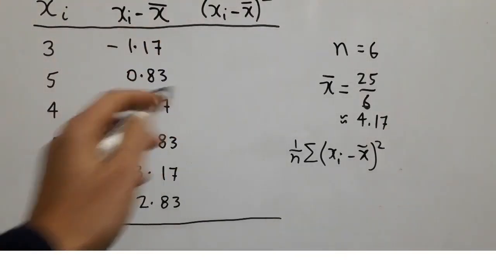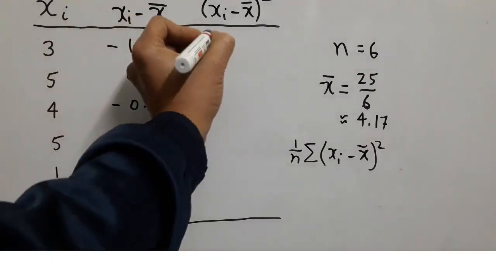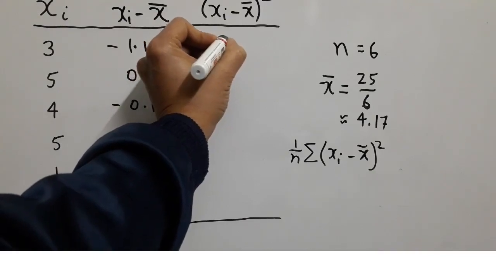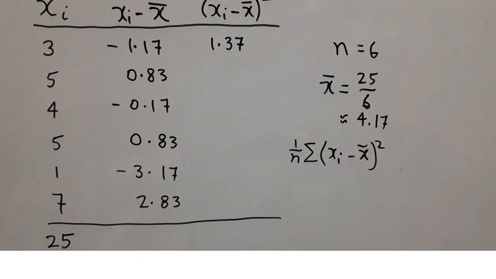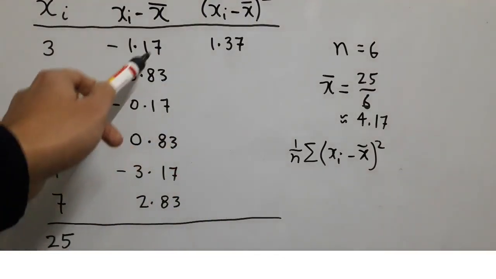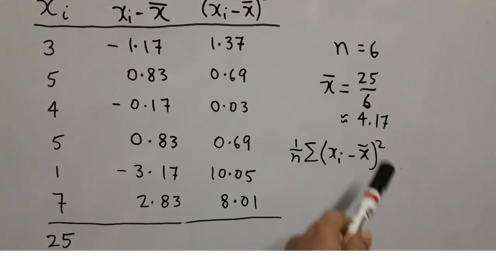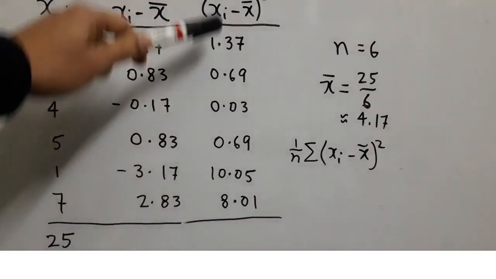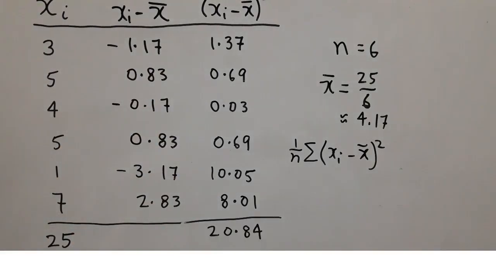So here I shall write the square of this number, which is approximately 1.37. Let's similarly fill up these places by squares of these numbers. So we have got all these numbers (xi minus x bar) whole squares. Our next job is to add them up. That is, I want to find the sum of this entire column. This total turns out to be 20.84.